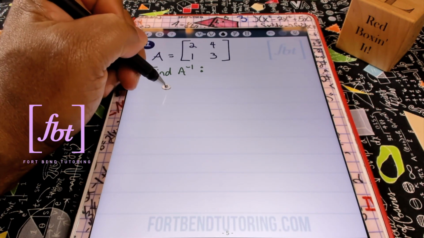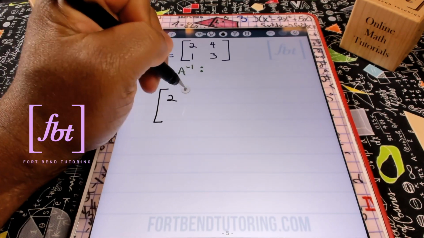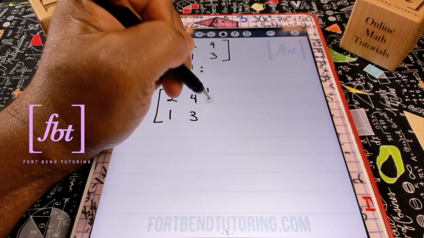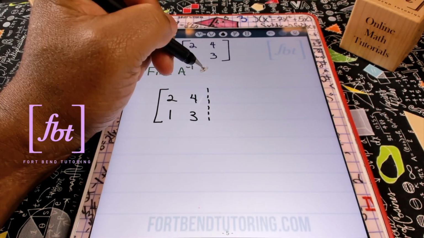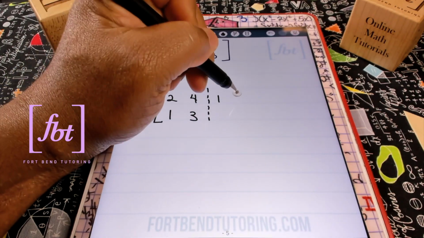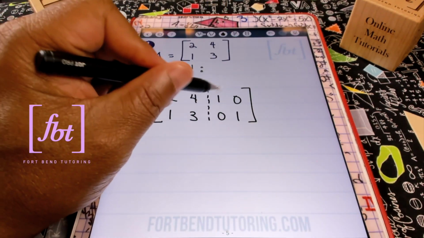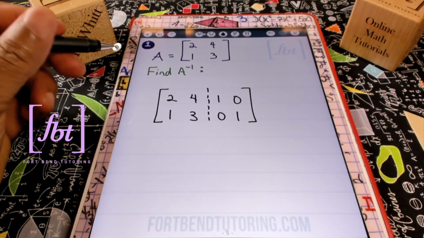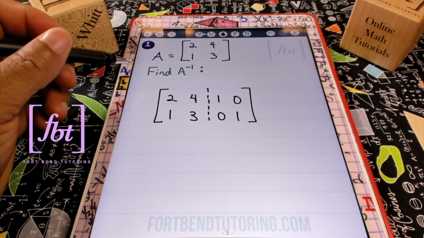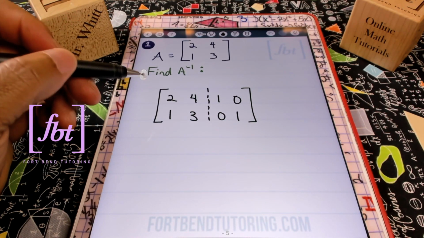First of all, you'll begin by rewriting the original matrix with 2, 4, 1, and 3. And I'm going to segment this. On the right side of my partition, I'm going to have the identity matrix for a 2x2 matrix, in other words 1, 0, 0, 1. This is what we'll call an augmented matrix.